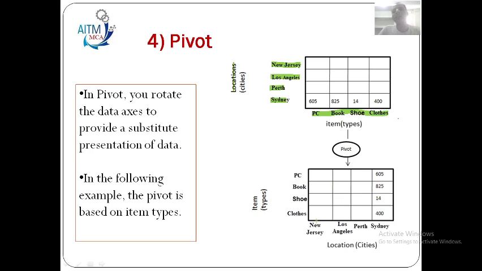Items will be in the rows and the locations will be in the columns. See here, New Jersey, Los Angeles, and all those things come in column headings, and these things come under row headings. So we can rotate based on your requirement. Okay, this is all about the data cube and its operations.